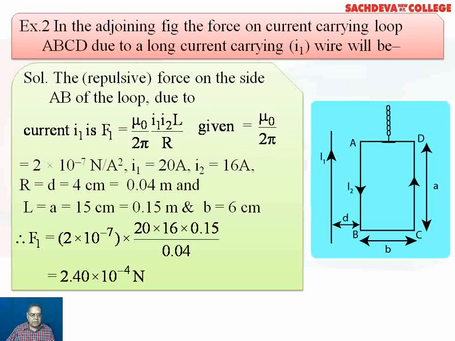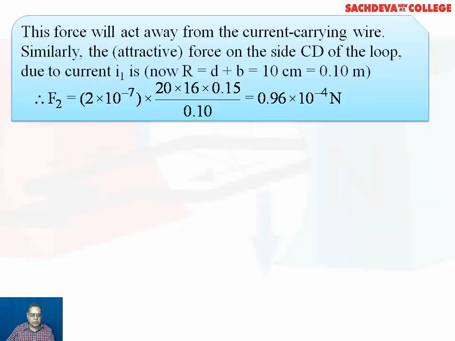L or A are the same thing, that is 15 centimeters converted to meters. B is 6 centimeters converted to meters, and compute in the equation F1 equal to mu naught I1 I2 L over 2 pi R. And our conclusion is that F1 will be equal to 2.40 into 10 to the power minus 4 newtons. This force will act away from the current carrying wire.